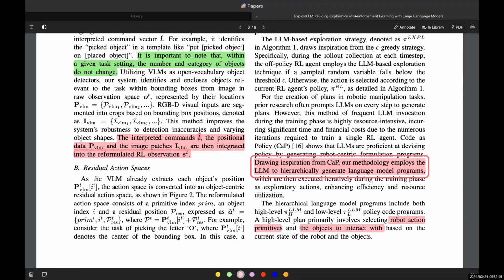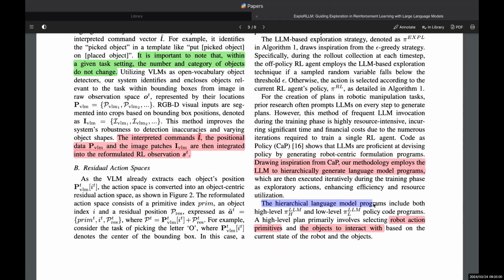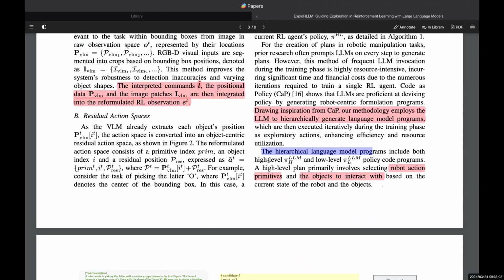The intuition is drawn from Code as Policies, which employs the large language model to hierarchically generate language model programs. The hierarchical programs include both a high-level policy and a low-level policy.